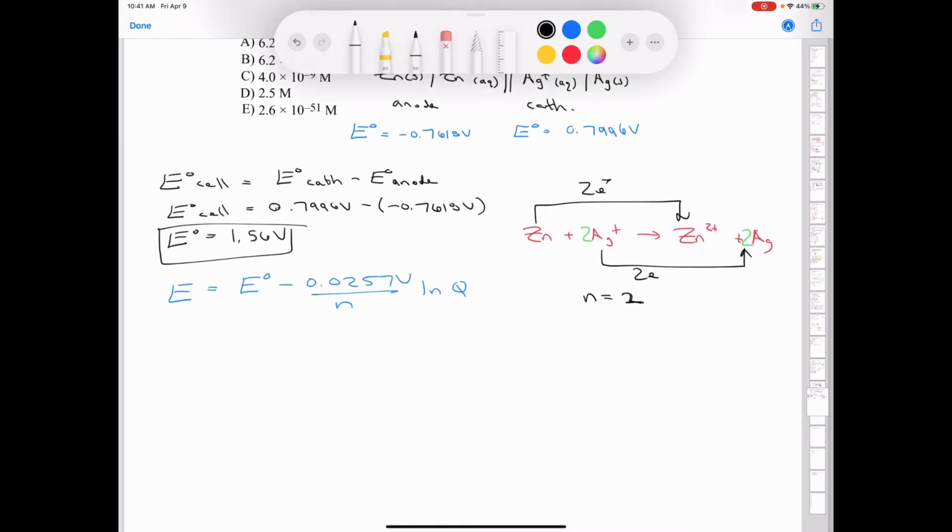So now I know what my n is. How am I going to calculate my Q? Well, I know that the ions are in aqueous solution, so I have zinc 2+, which is an aqueous ion, and I have the silver, which is an aqueous ion. I'm not going to include the zinc and the silver here because those are both solids.